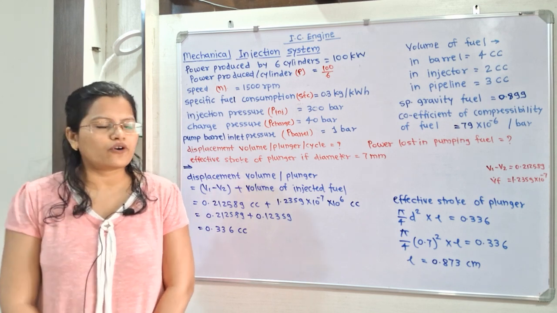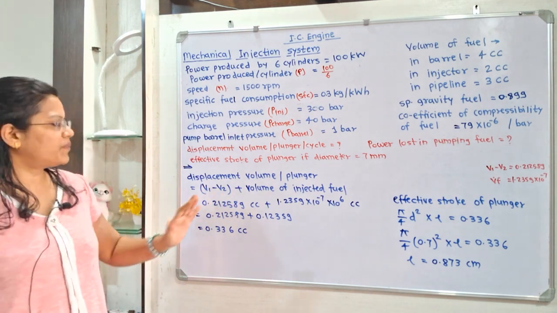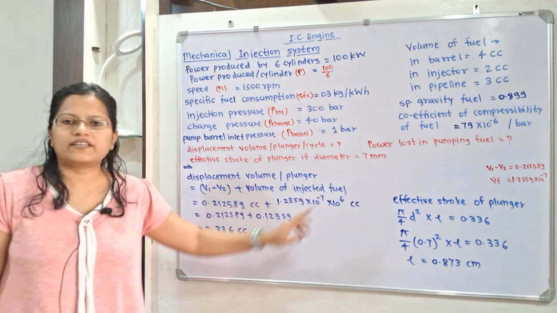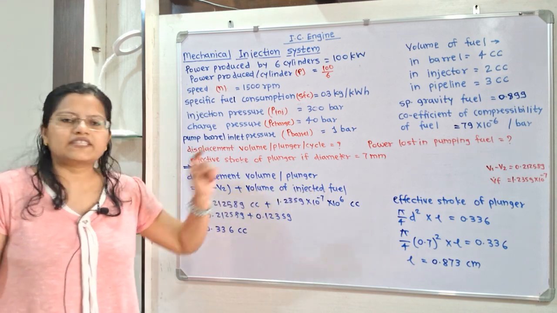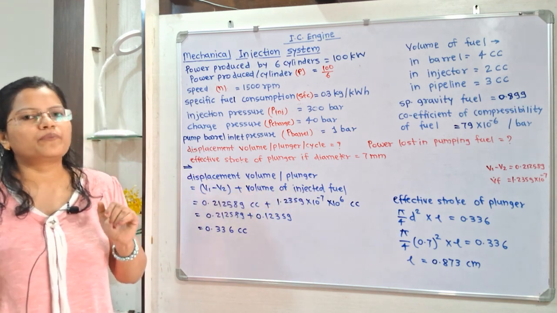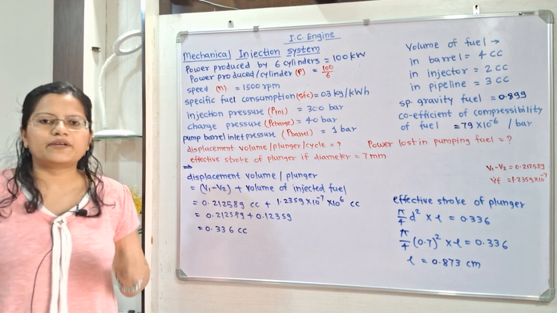Now we will calculate the displacement volume per plunger. The formula is V1 minus V2, that is the change in volume, plus the volume of injected fuel. We calculated earlier the volume of injected fuel in meter cube per cycle, and this V1 minus V2 is in centimeter cube.